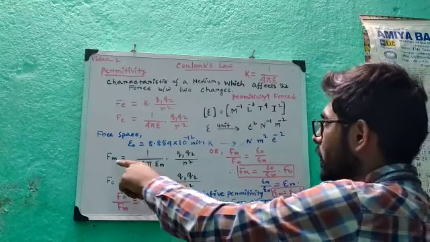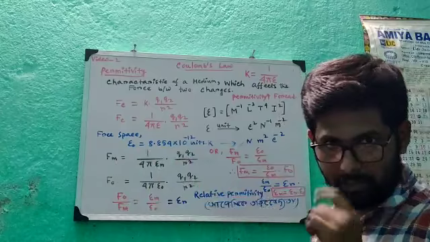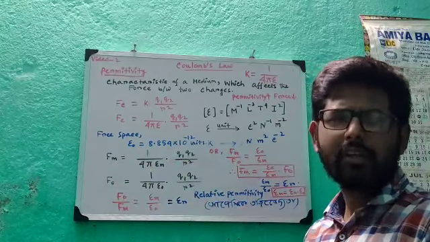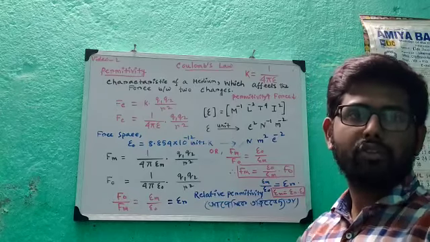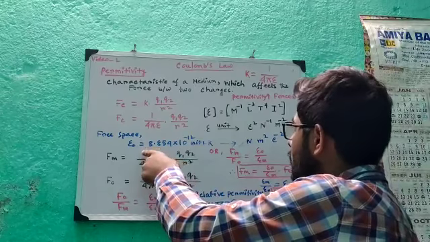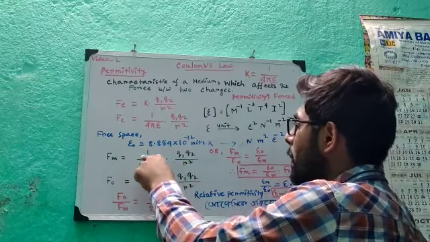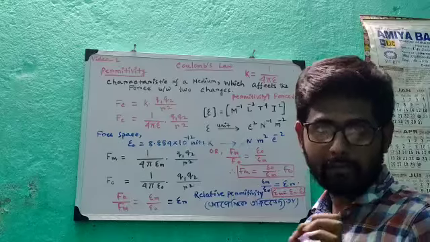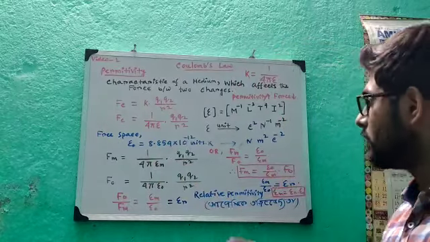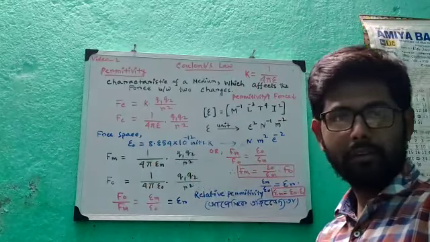What is this? Fm represents a Coulomb force in a certain medium, say X, Y, Z, any kind of medium. We can write it like this: 1 by 4 pi epsilon m, this is the permittivity of that medium, into Q1 Q2 by R square.